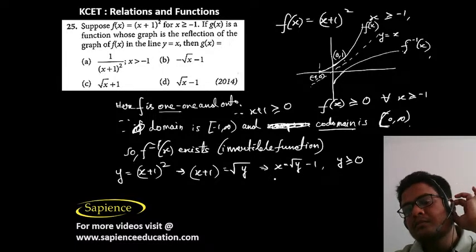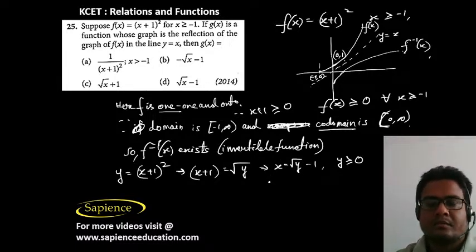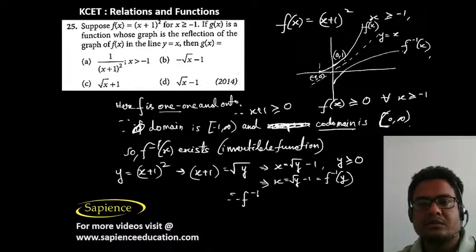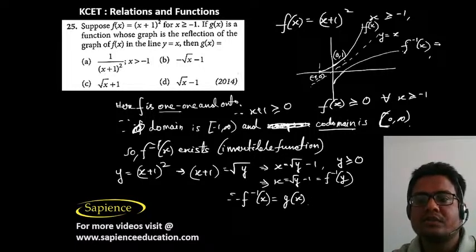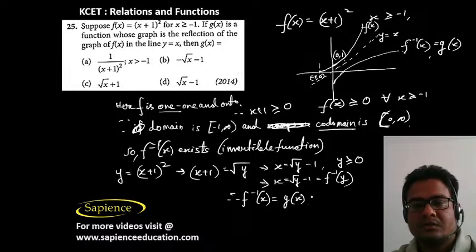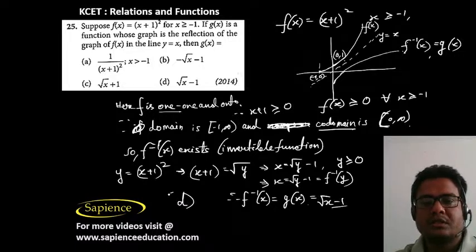So this x equal to root y minus 1 is equal to f inverse of y. Therefore f inverse of x is the g of x, since it is told that g of x is the reflection of f of x along the line y equal to x, which is the inverse of the function f. That is equal to root x minus 1. Option D is the correct answer.